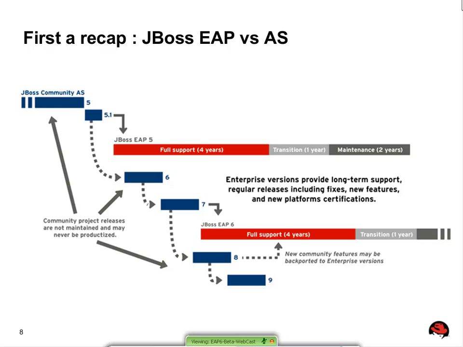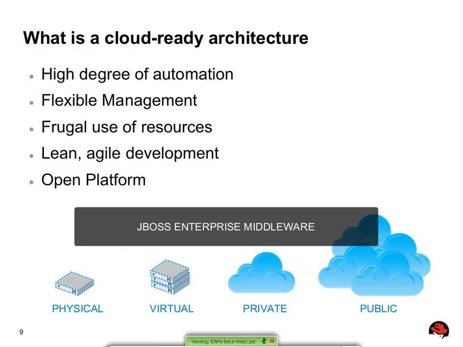If you need long-term stability, then the enterprise platforms are where you need to look. Just very quickly, showing the difference between the upstream community releases and the downstream enterprise platforms.